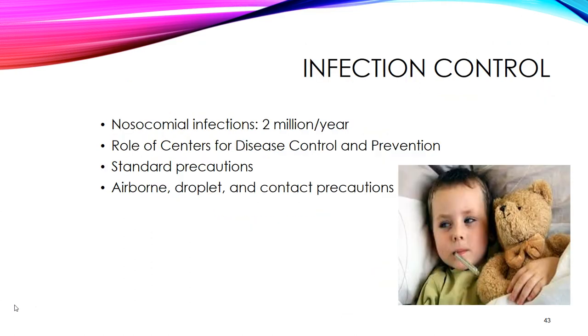And then infection control. So nosocomial infections, there's about 2 million per year, meaning these are infections they got from the hospital. So if you don't remember your types of precautions, make sure you go back and review them and you know the standards of standard precautions, airborne precautions, droplet precautions, and contact precautions.